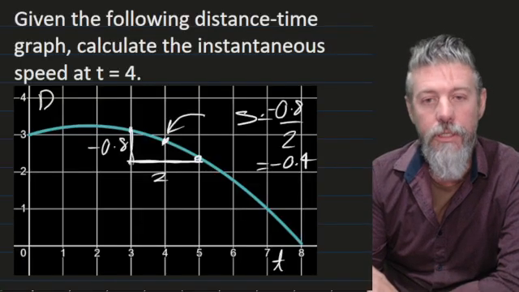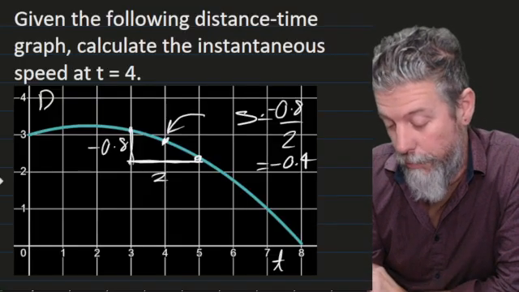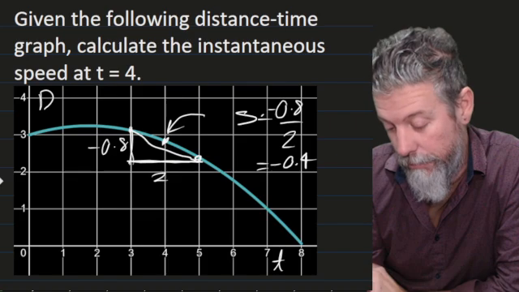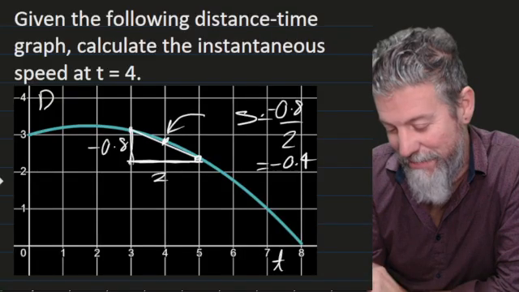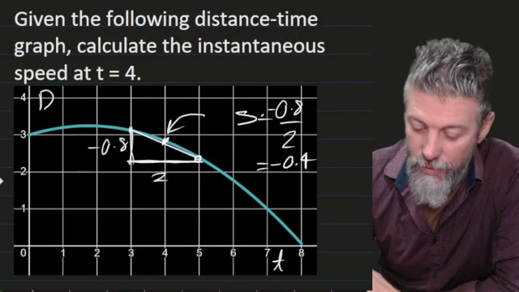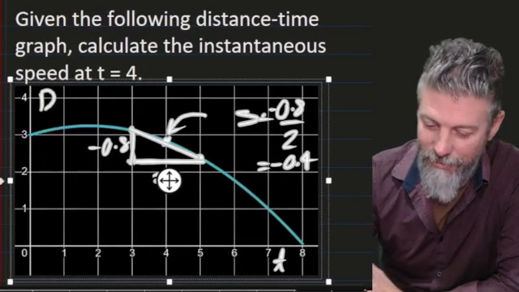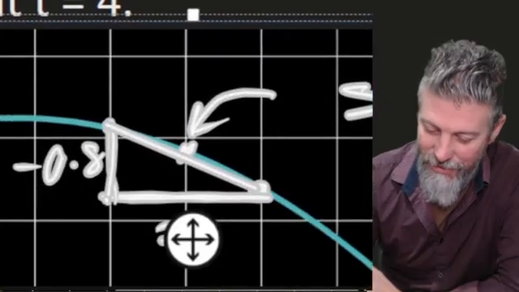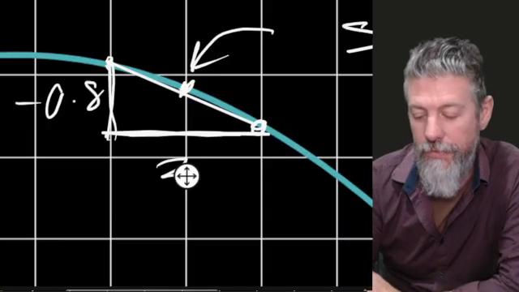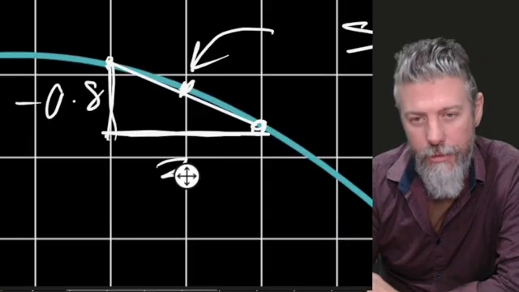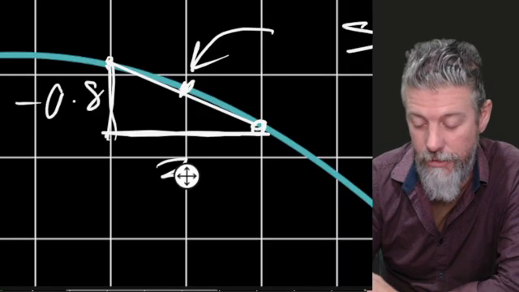Now, let's have a look at what the line looks like that we've calculated. There we go. And we're going to zoom in here. So when we zoom in, what we can see is that the line that we've approximated is really close to the instantaneous line there at t equals 4.